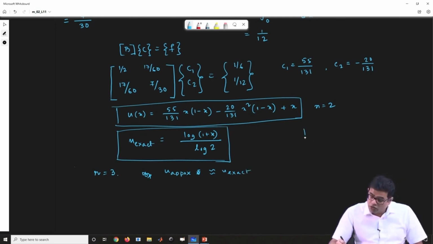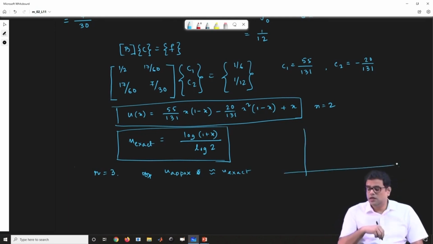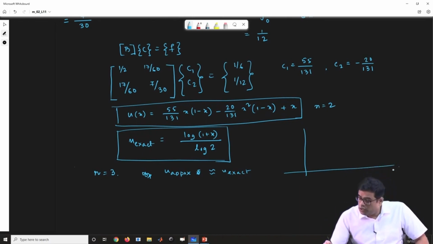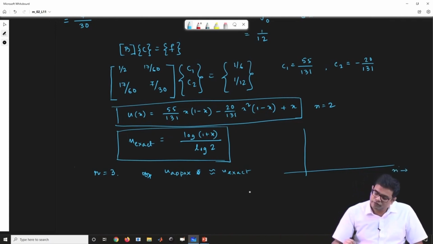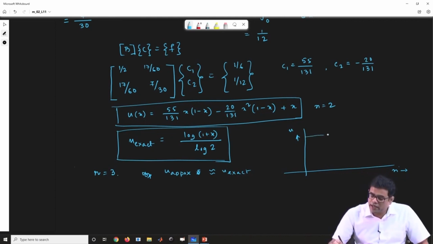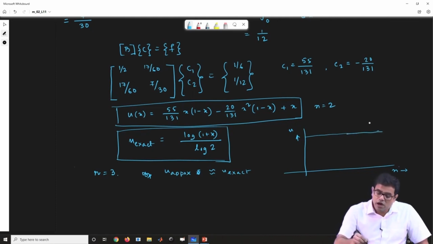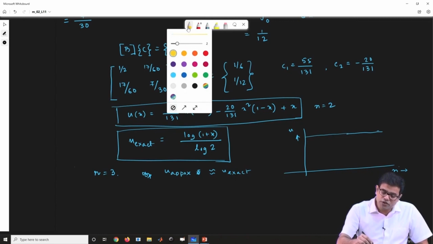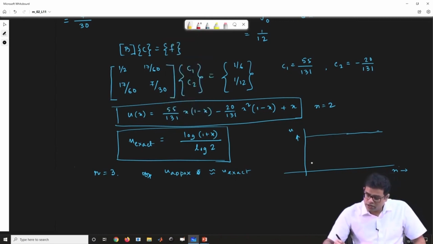Suppose if I plot this, as I increase the order of the polynomial, then at a particular point, if this is my exact solution, an approximate solution will start from somewhere here, suppose.